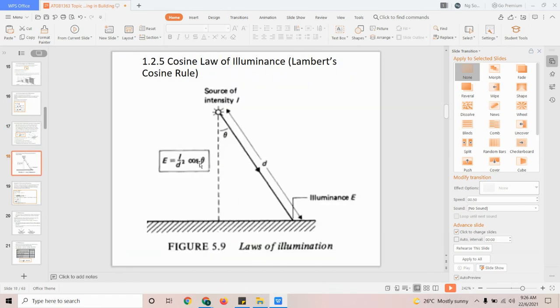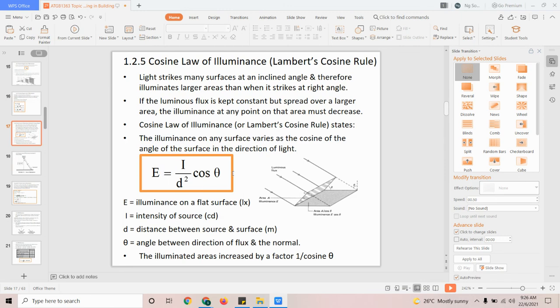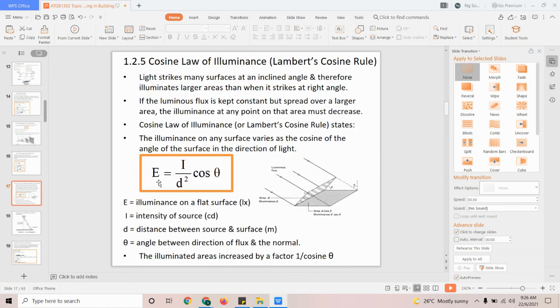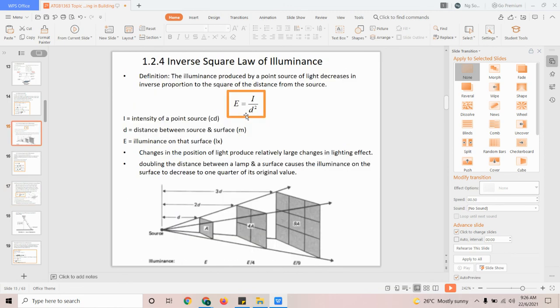So with this formula and this formula, the inverse square law of illuminance and the cosine law of illuminance, when you combine both of these together, you'll be able to find the maximum and minimum value of illuminance on the surface.